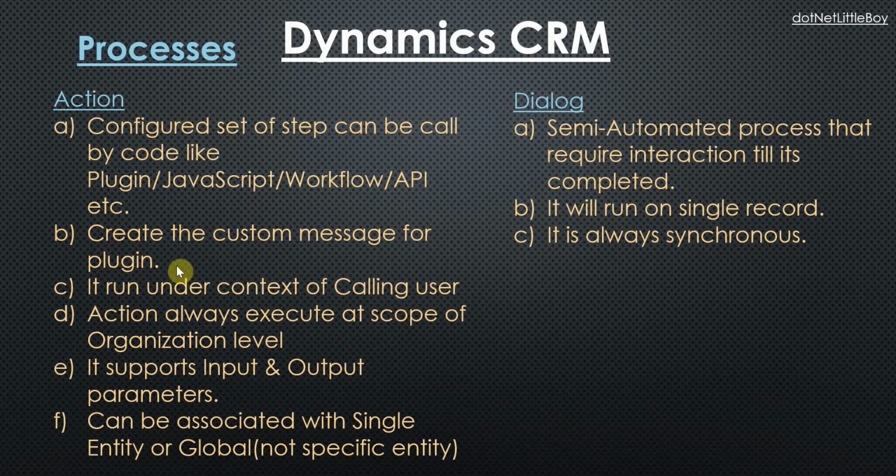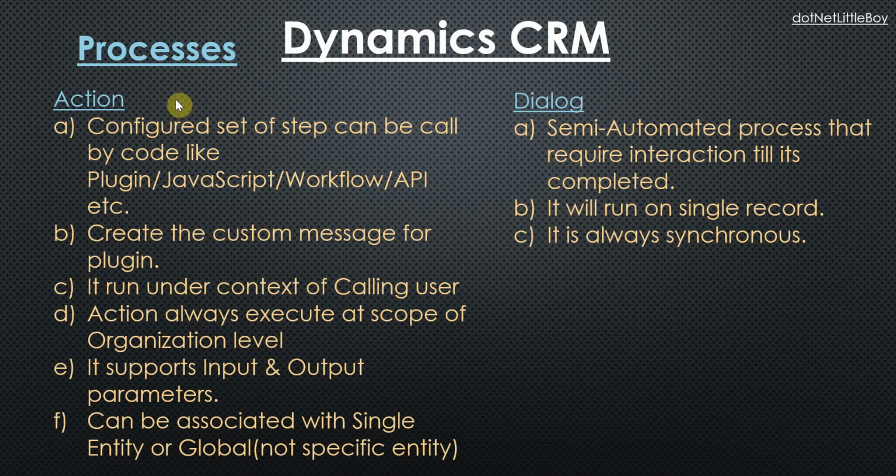When you configure any action in Dynamics, the name of the action will be like the custom message for your plugin. Meaning that when you have configured an action, you can develop a plugin on that action name, and whatever logic you have written inside the plugin will do your task, and when you call this action, your plugin will be executed.